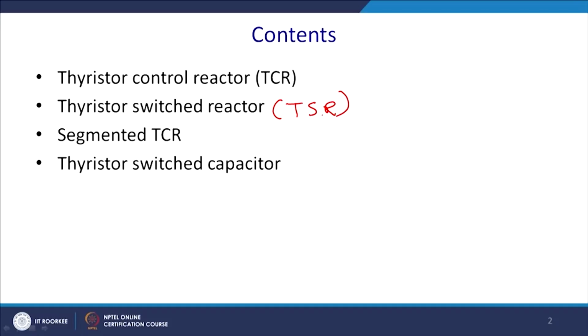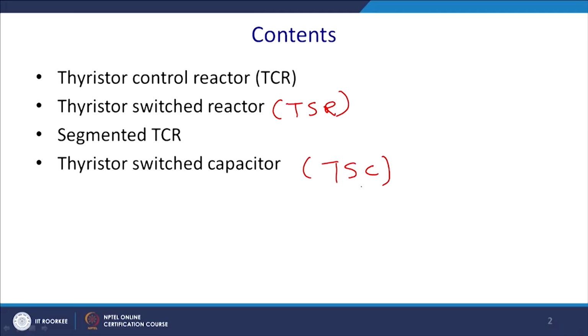There is also another version of the thyristor controlled reactor, called segmented TSR, and we also have thyristor switched capacitor, or TSC. We shall see the principle of operation and the topologies in the next few minutes.